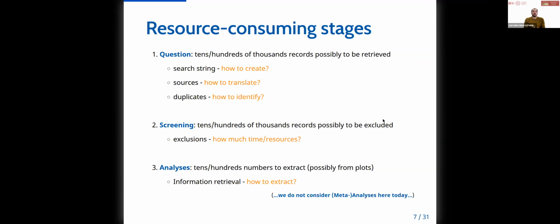In those steps, the most resource consuming, because not only time but also people and money resources are consumed during the process, can be mainly in three phases. The broad phase, the query one, in which you can possibly retrieve tens or hundreds of thousands of records, and the main question here is how you can create good search strings.